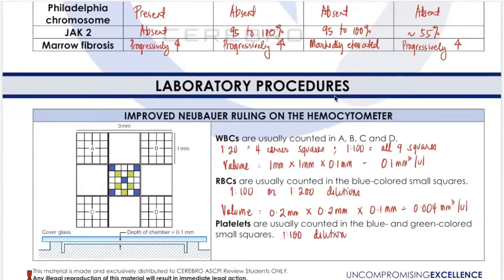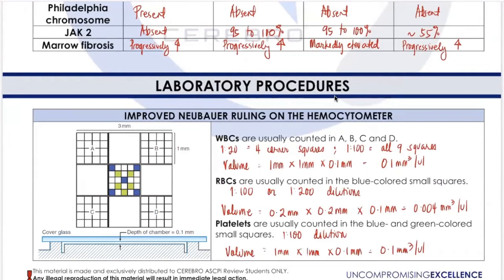And since you are counting the entire central large square, the volume is similar to that of one WBC square. So that's 1 mm times 1 mm times 0.1 mm. Okay, so the volume is also 0.1 mm cubed or 0.1 microliter.